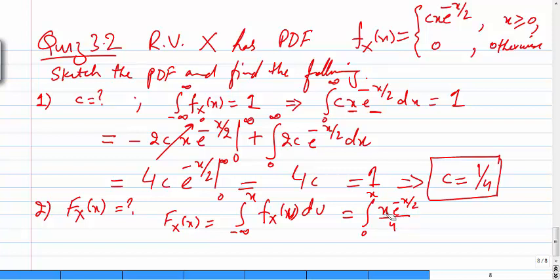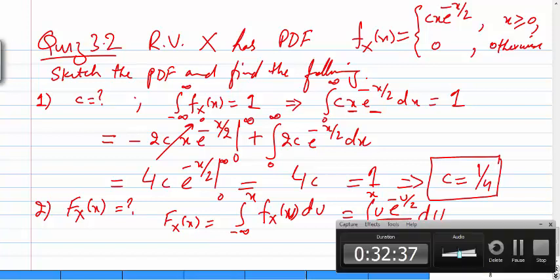So let me rewrite this one. It becomes u exponential minus u by 2 divided by 4 du. So you have to solve it using integration by parts.